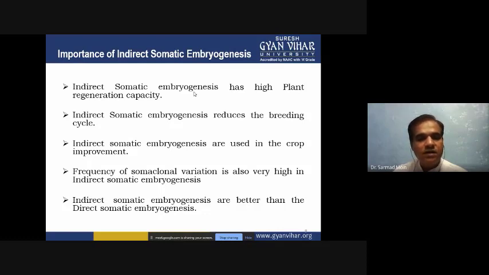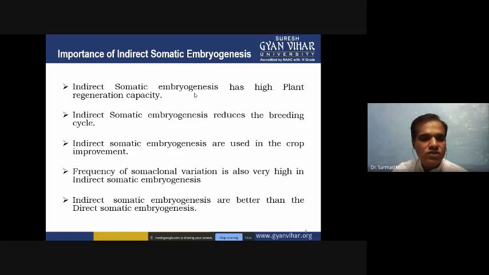The plant varieties then have new types of characters, which can be utilized to select new varieties. These new varieties can be used to produce somatic embryos, and these somatic embryos can produce plantlets, which after hardening we can supply to the market or farmers.